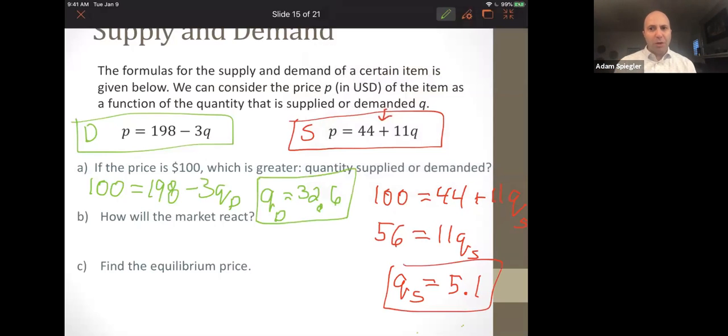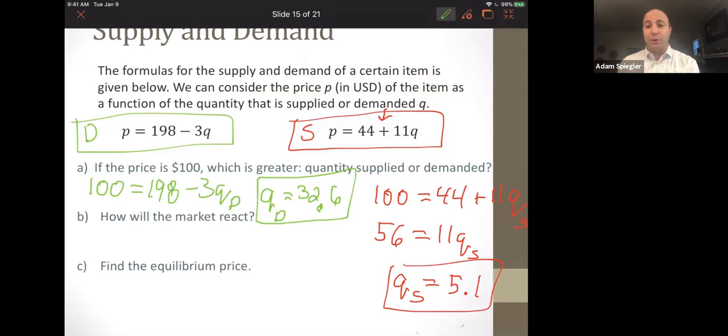Okay, so all of this is to say, I want to figure out what the market is going to do if I just picked a random price of $100. I can see that 32 some odd people are going to want this item, and they go to the store and there are 5 of them at the store. So you're the store, you've got 32 people that want to buy 5 things.